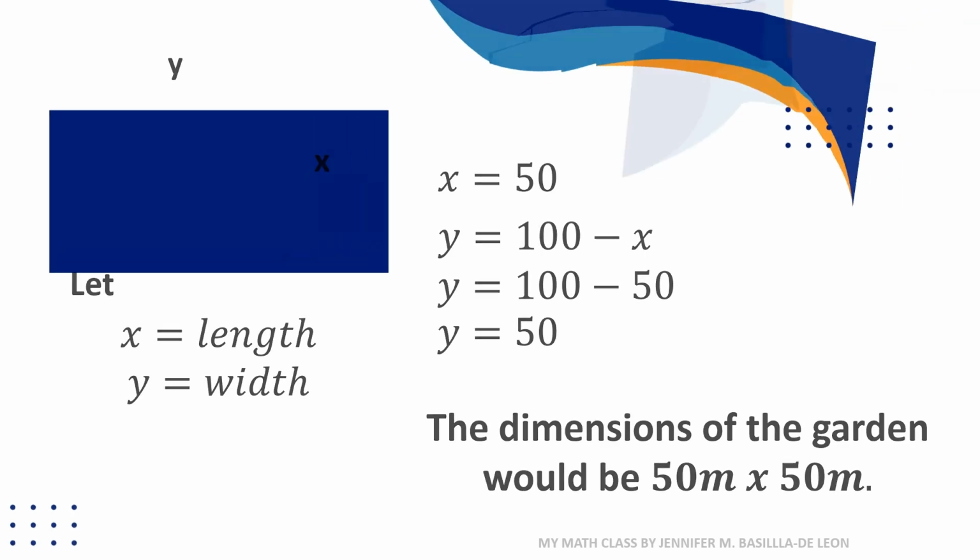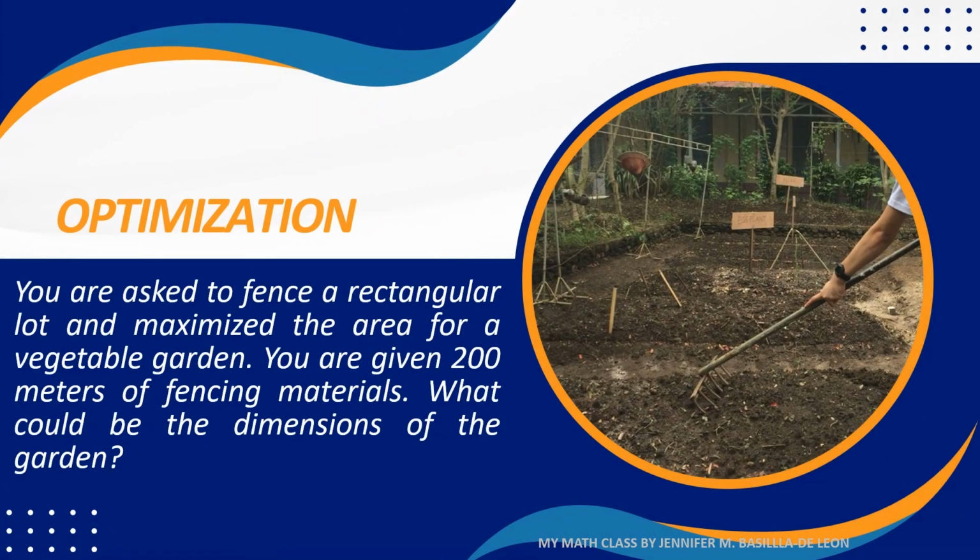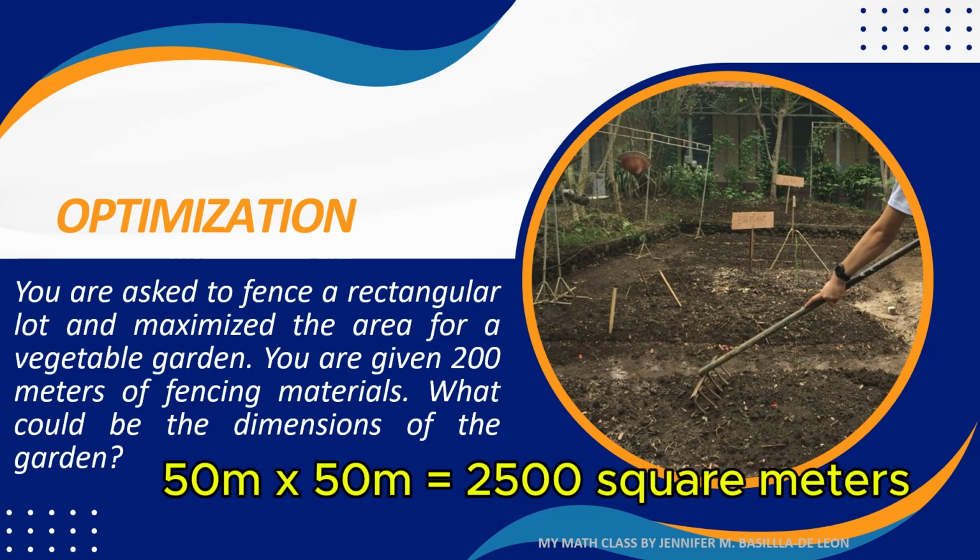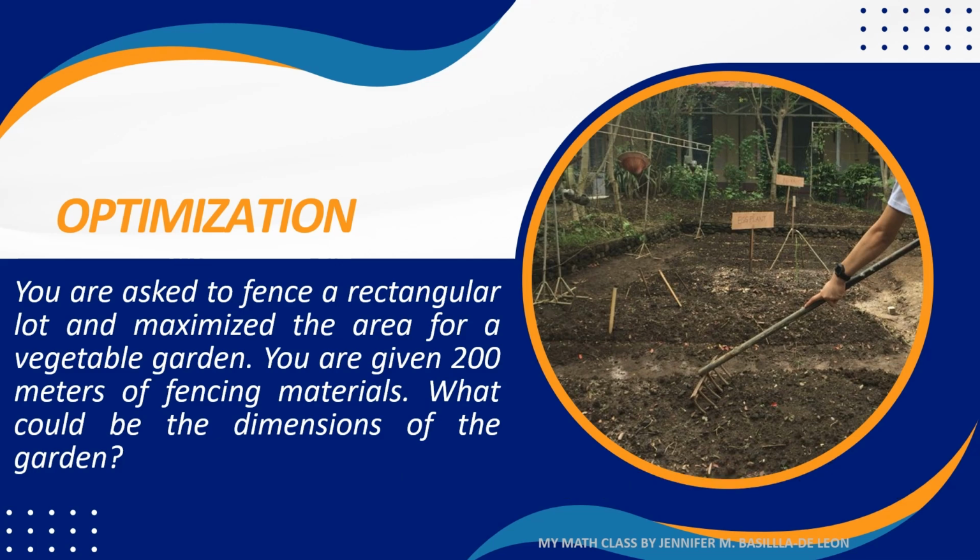In summary, to maximize the area with 200 meters of fencing, the rectangular garden should be a square with dimensions 50 meters by 50 meters. This gives us the largest possible area for the vegetable garden.